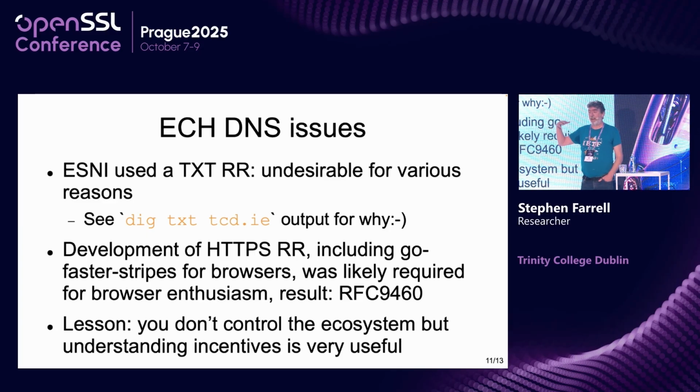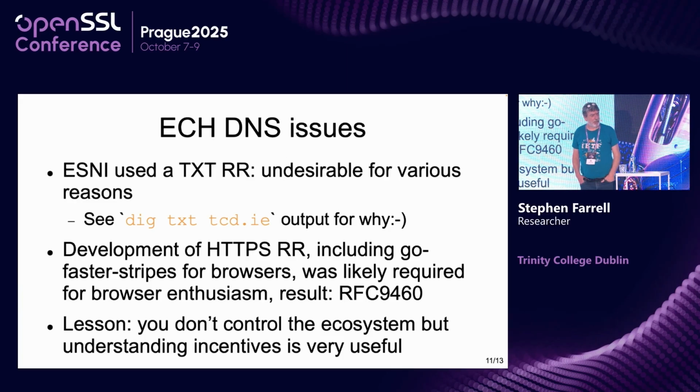That essentially allows a website owner to publish information about the things they like, for example the equivalent of HSTS. They'll also be able to publish preferences for which groups they support, all sorts of stuff that the browser would otherwise have to guess or possibly waste a round trip to get.